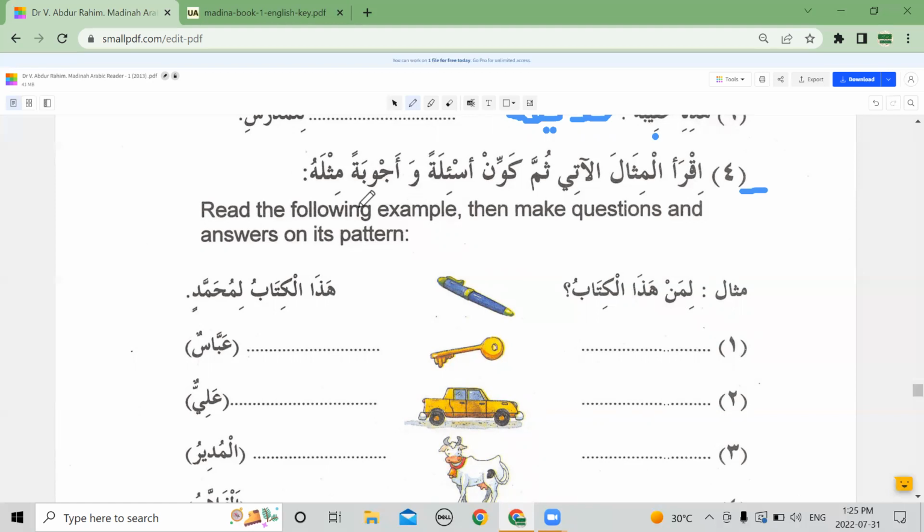Very good. Read the following example, then make questions and answers on its pattern. Very good.